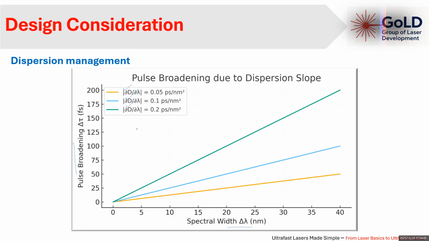Obviously in all the cases, if you increase the spectral bandwidth, the pulse broadening will also happen. So it means the pulse will also get broadened, or not?